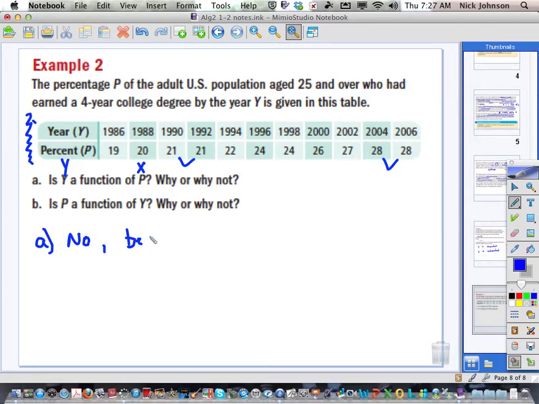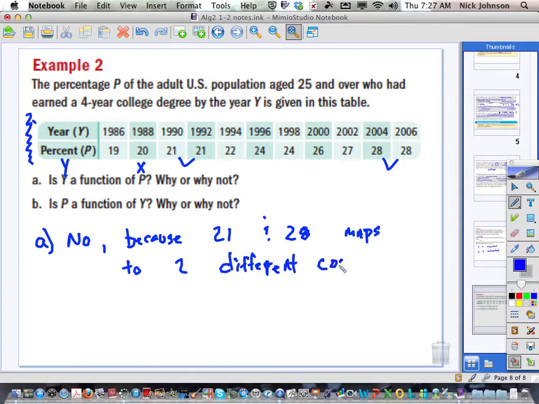Because 21 and 28 map to two different coordinates.